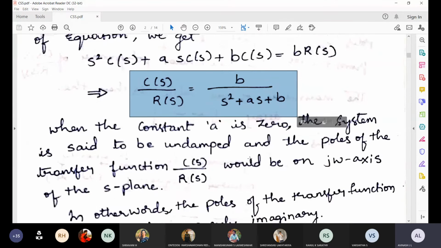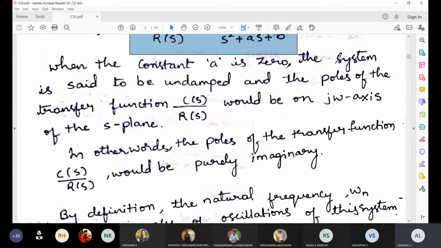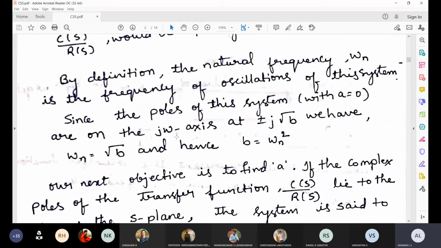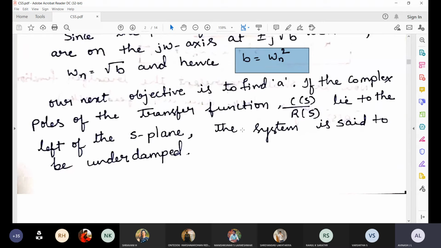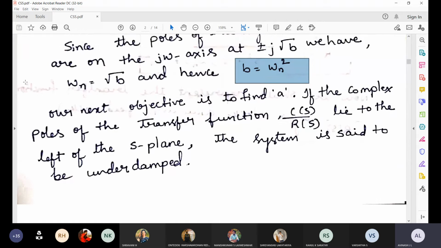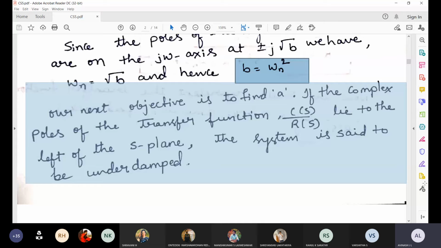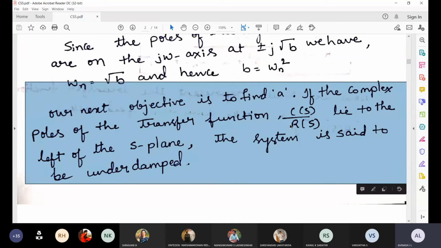No. That is why first we considered a equal to 0 and found b equal to omega n square. Now our next objective is to find a.